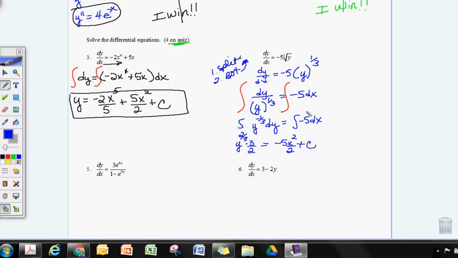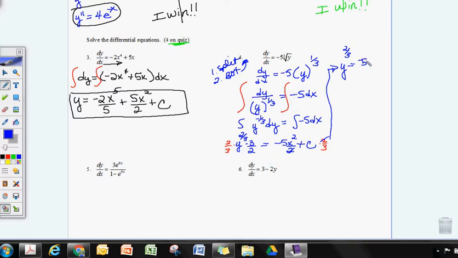So I've got to get this y by itself. So the first thing I'm going to do is multiply by 2/3 on each side to get rid of that, and when I do that, let's come back up here by the top, I'm left with y to the 2/3 power is going to equal, oh look, this 2 and this 2 cancel each other out.